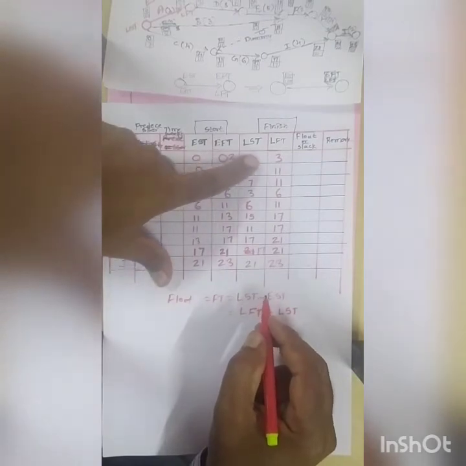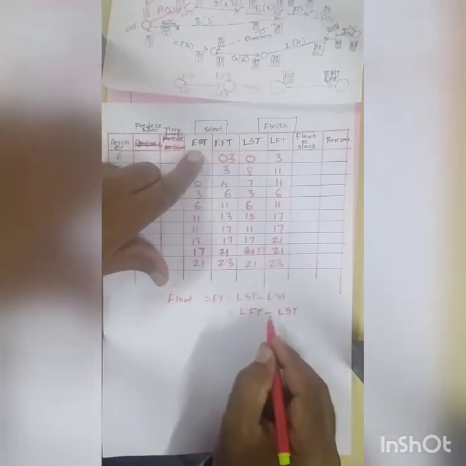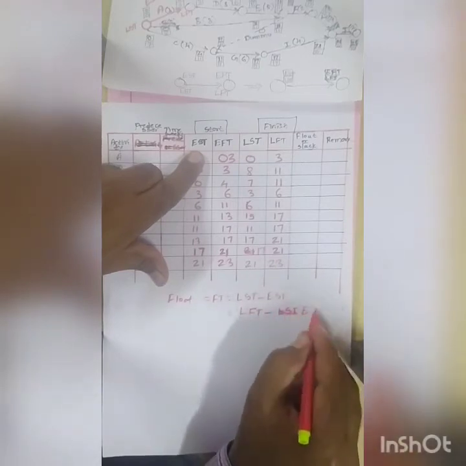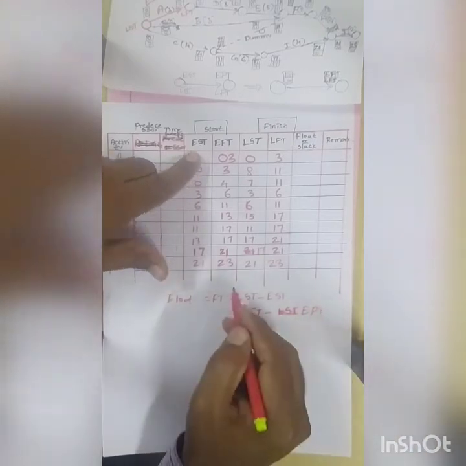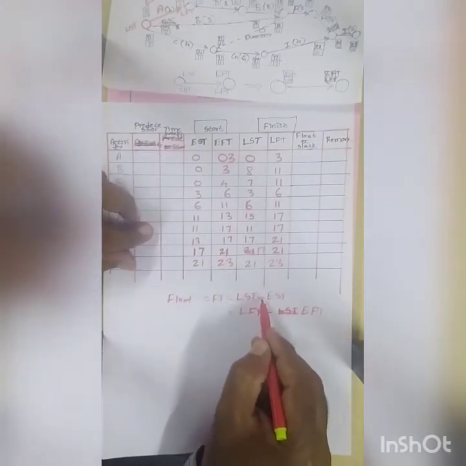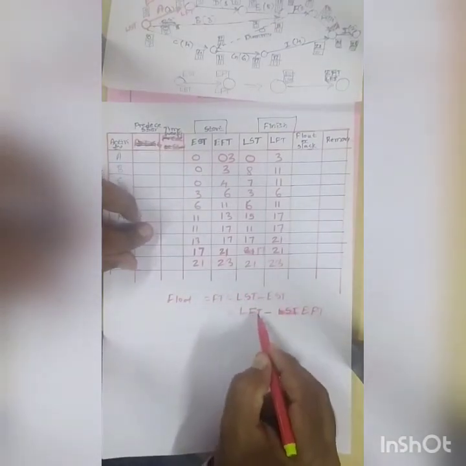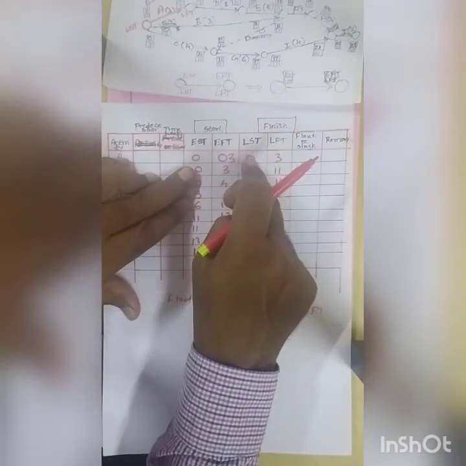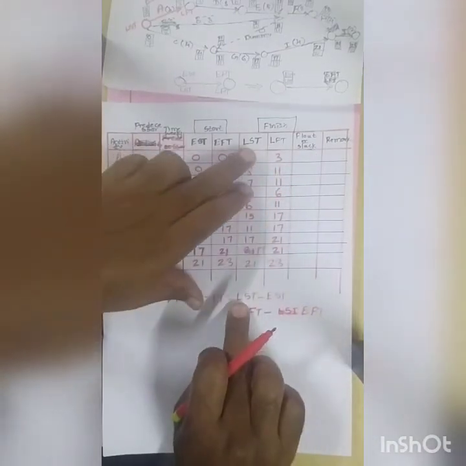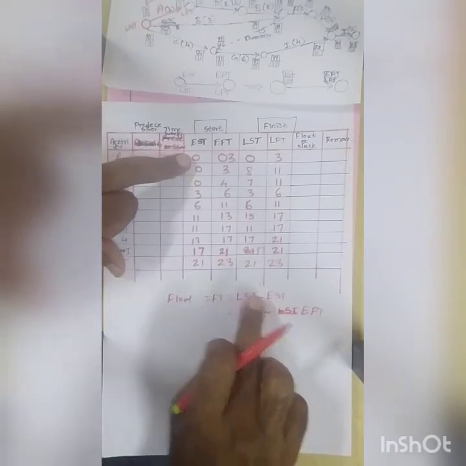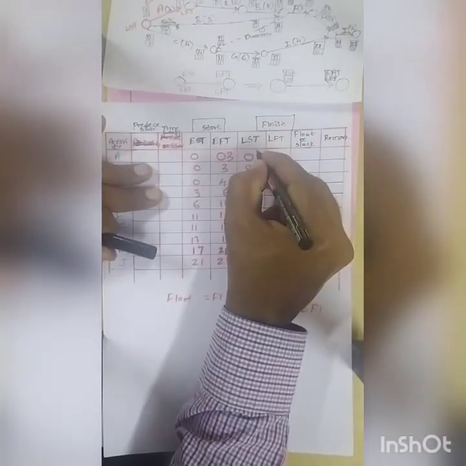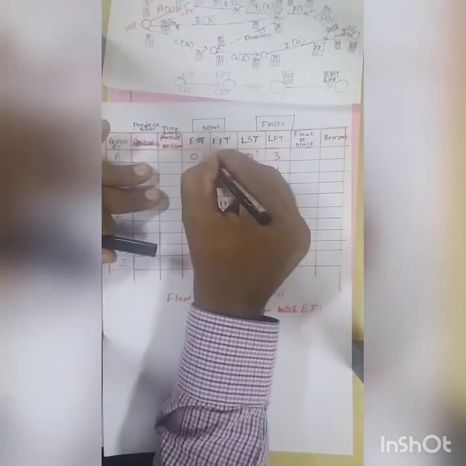Sorry, here it is latest start time minus earliest start time, and it is latest finish time minus earliest finish time. Yes, it is right. That means this minus this.